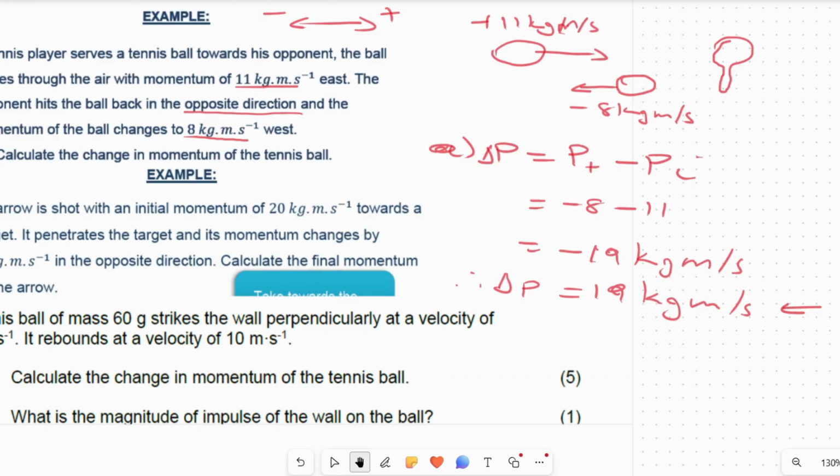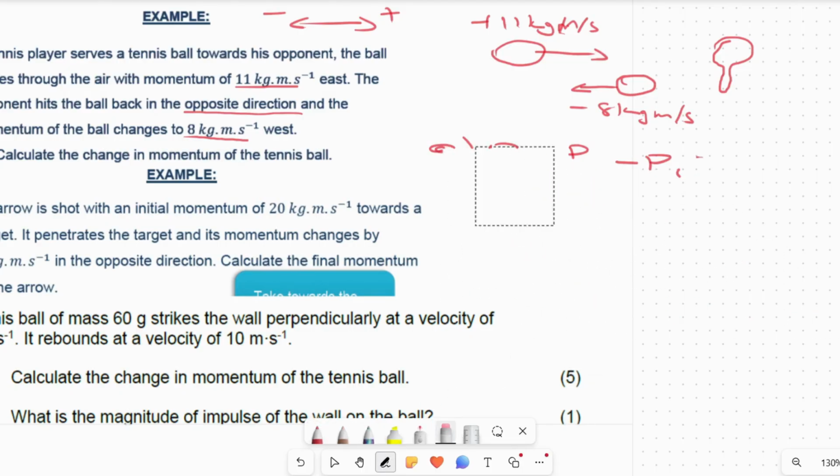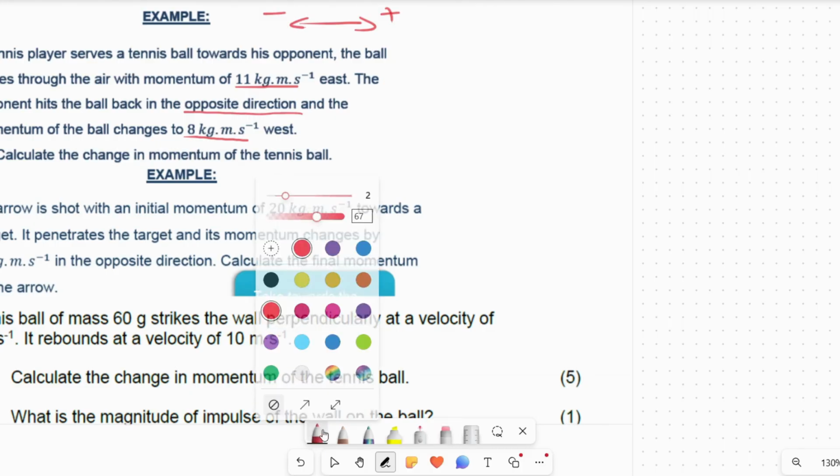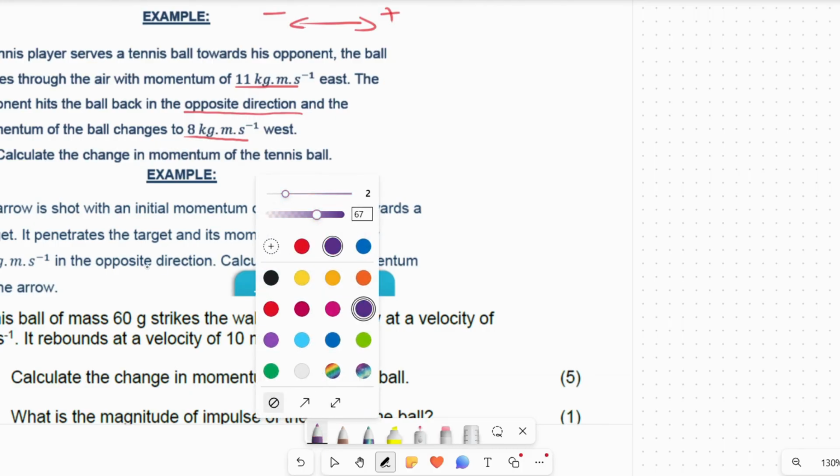When you're looking at number 2, an arrow is shot with an initial momentum of 20 kilogram meters per second towards a target. Let me erase this so that we are able to answer that. So let's look at question number 2.